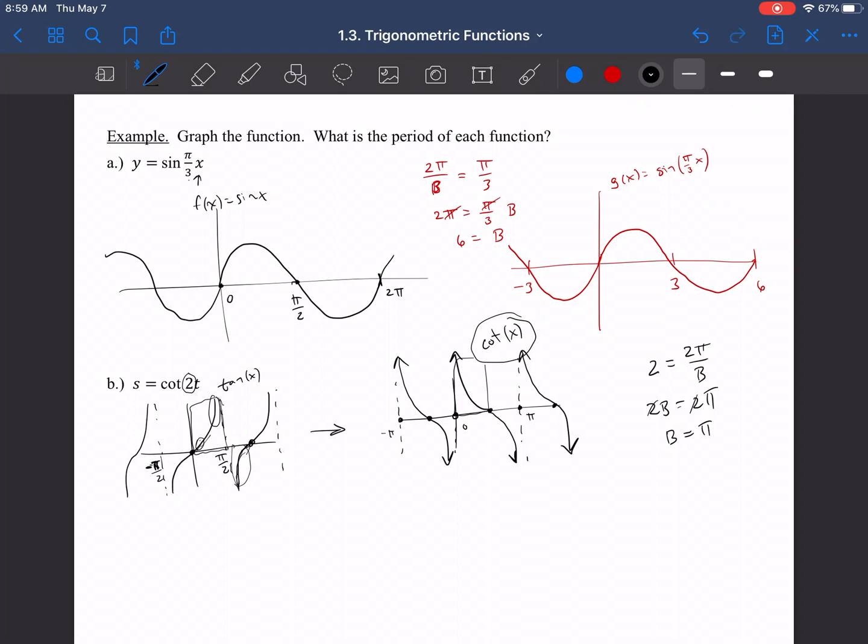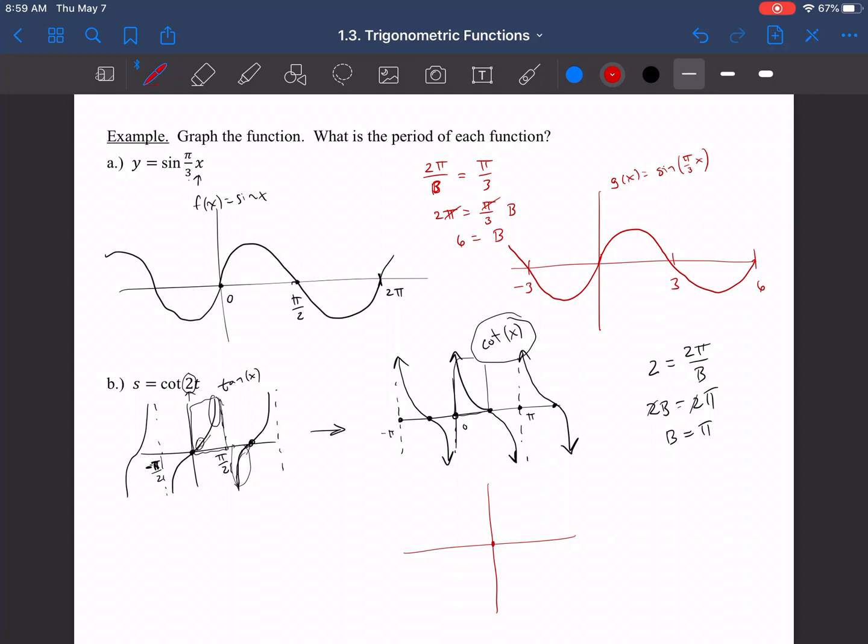But what we're doing is a horizontal stretch or compression, actually compression since it's 2, greater than 1. It's going to horizontally shrink it by 2, which means we should actually get half of the period that we had for the cotangent graph. So if I go to graph this, what actually happens is I get this whole thing compressed.